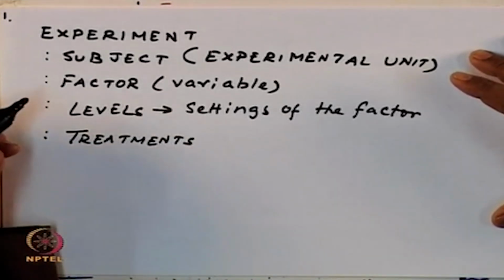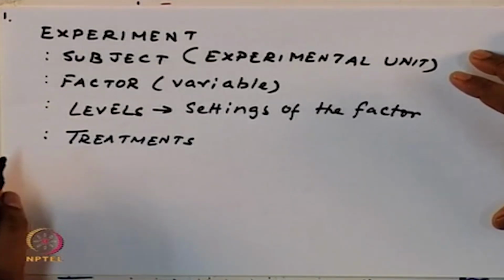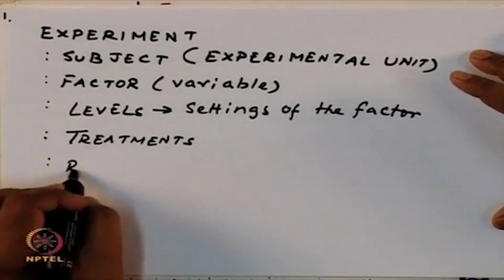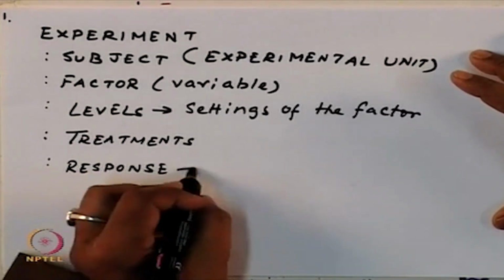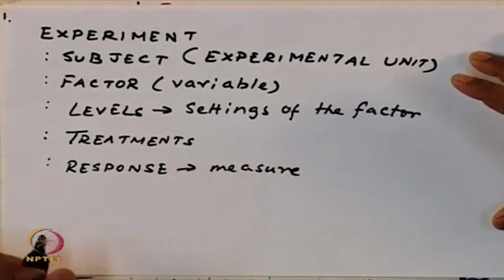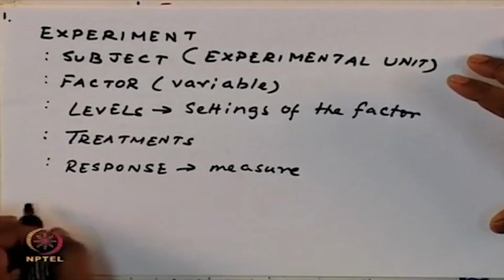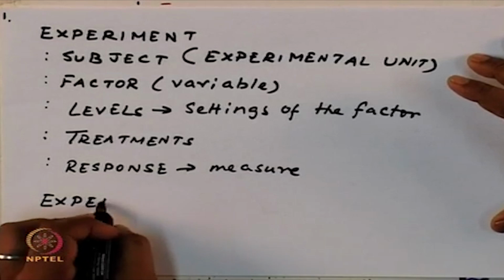If there are more than one factor, then you might have more than one treatment, okay, and your final response, okay, which is what you measure. Okay. So, in experimental design, there are various ways of doing it.